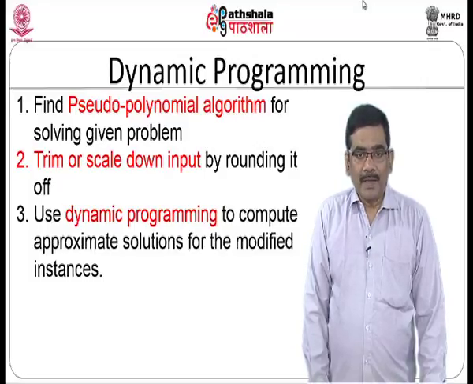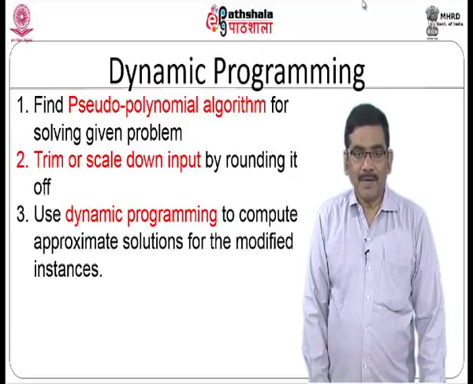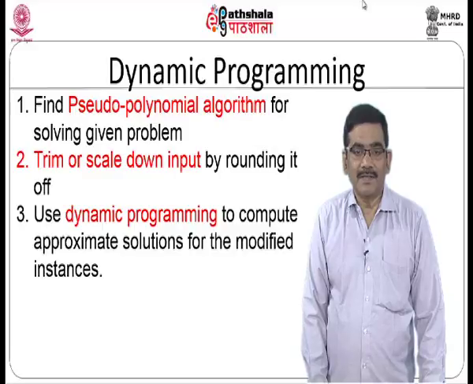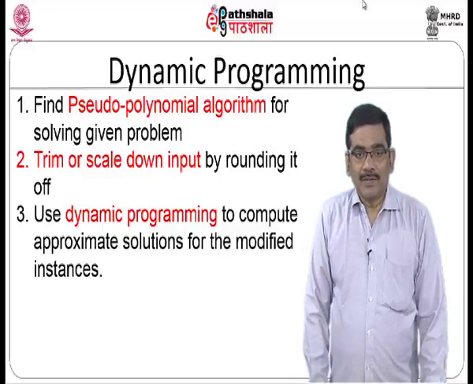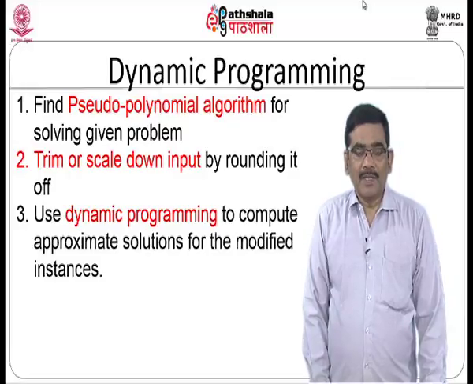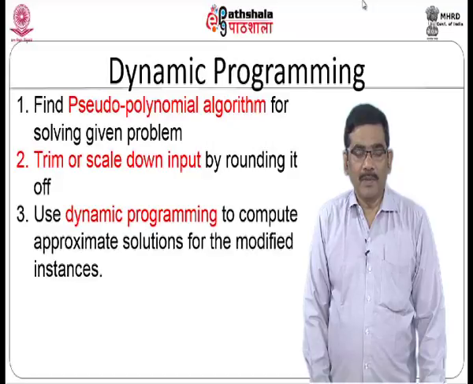In other words, if the instances are smaller, then the problem can be solved. For example, the TSP problem can be solved if the number of cities is very small, something like 10 or 12. The algorithm used to solve these problems is called a pseudo polynomial algorithm.